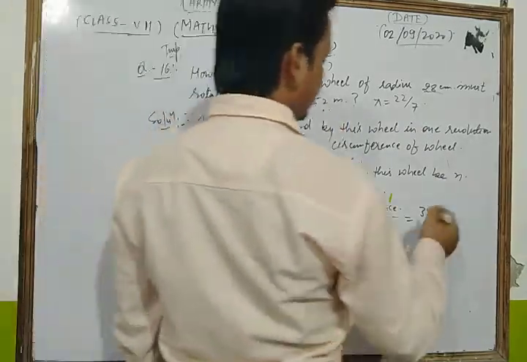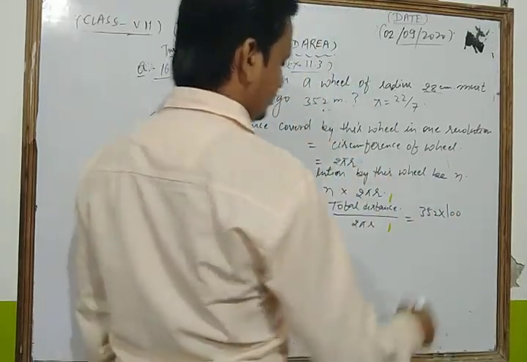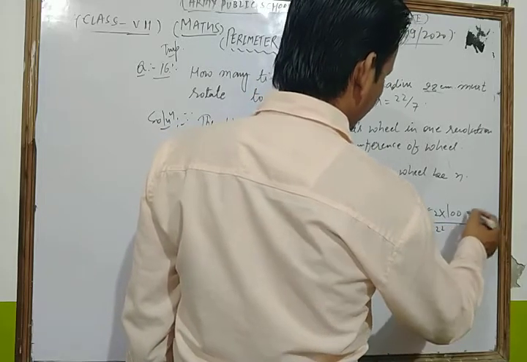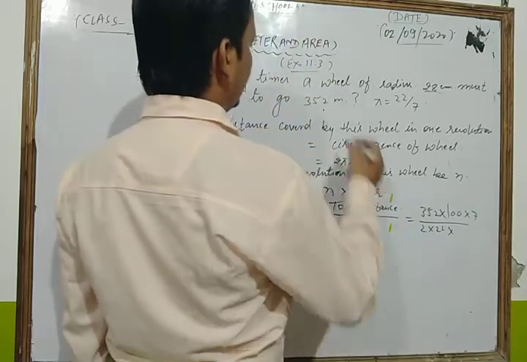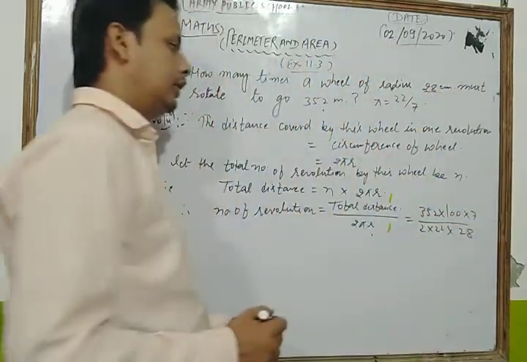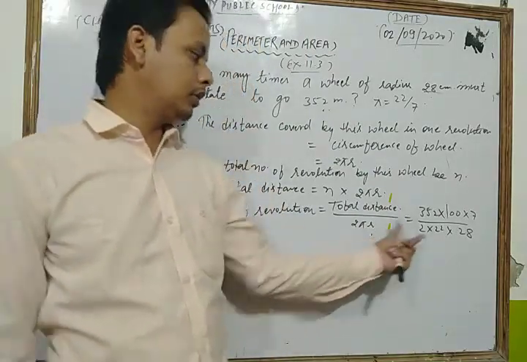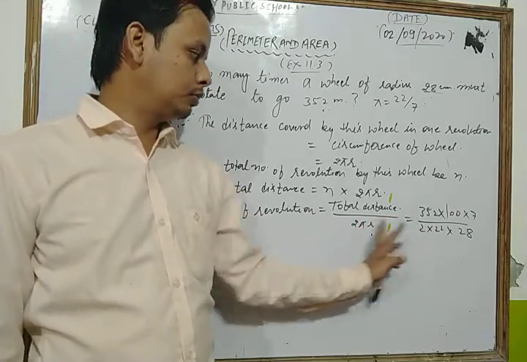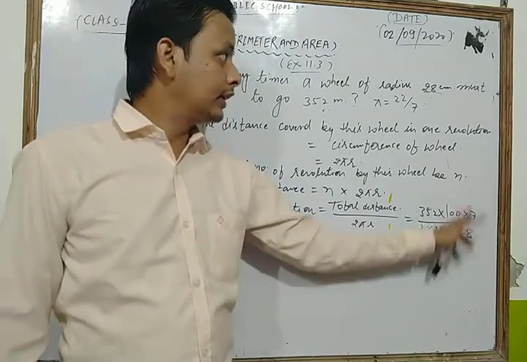So we multiply by 100, upon 2 into 22 upon 7, into the value of r, which is 28.